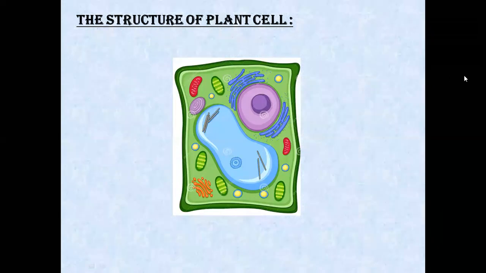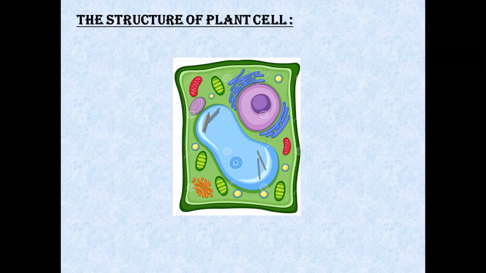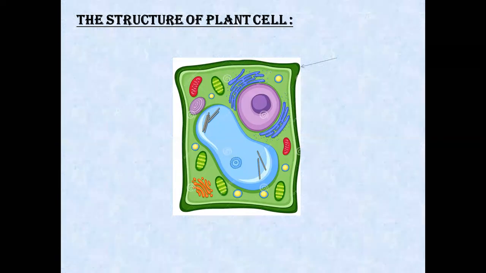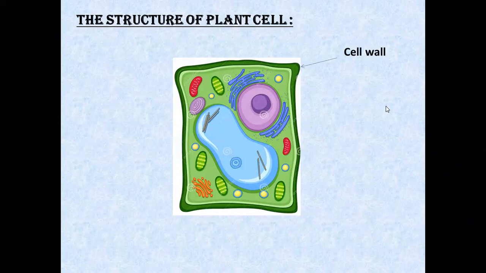The plant cell has two covers. The outer cover is called the cell wall. It's called a wall because it's so hard, to protect the plants from outside.